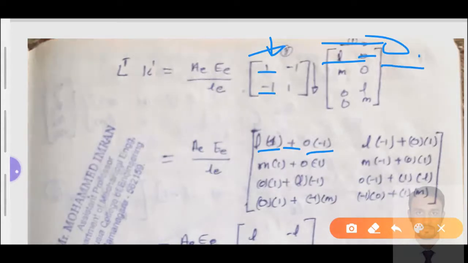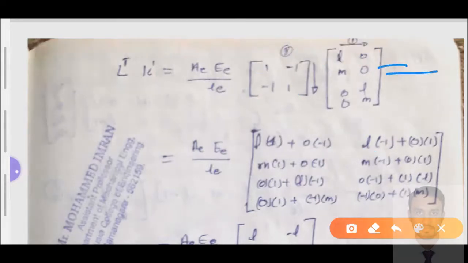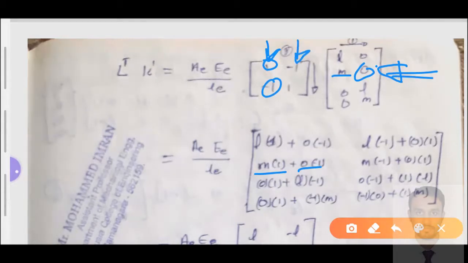Then first row, second column: L into minus 1 plus 0 into 1. Similarly second row, first column: M into 1 plus 0 into minus 1, and second row, second column: M into minus 1 plus 0 into 1.